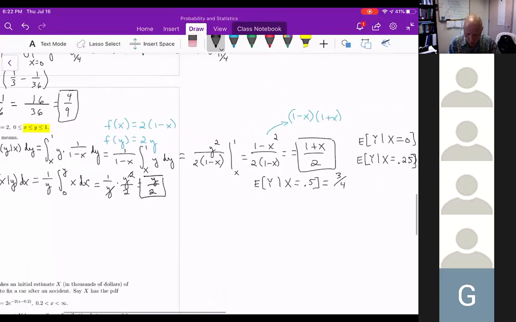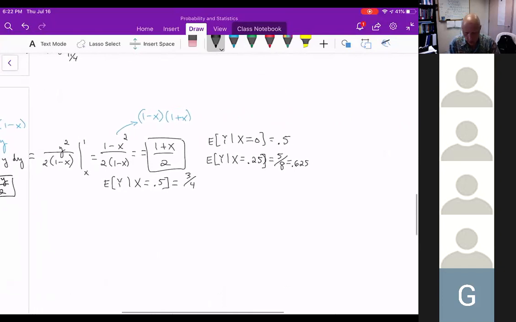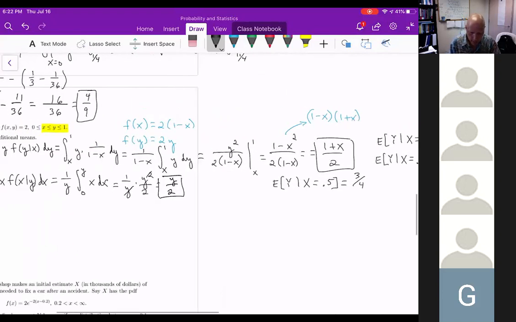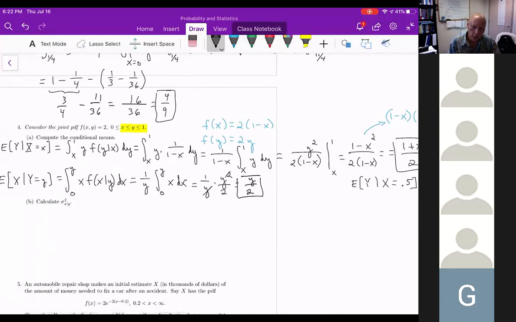If you weren't sure why I used the fictional values of 0.5 and 0.25, I just needed a value somewhere between 0 and 1, because that is what the original support is saying. So that's it for part A.